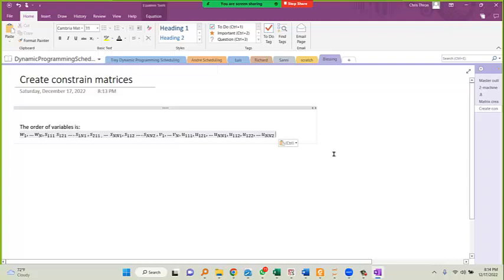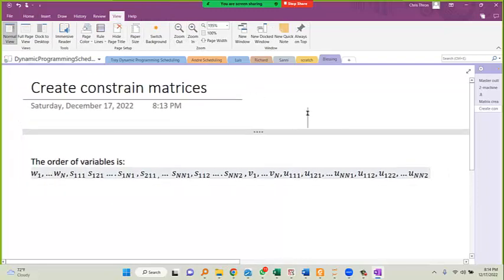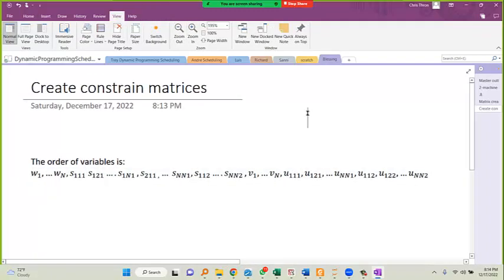Okay. So we have W, S, V, and U. Let's see if this is going to work. I may have to change computers. Let's see if this is going to work.